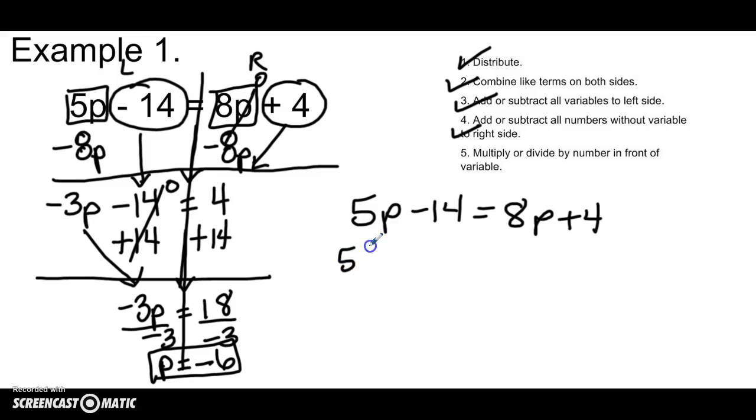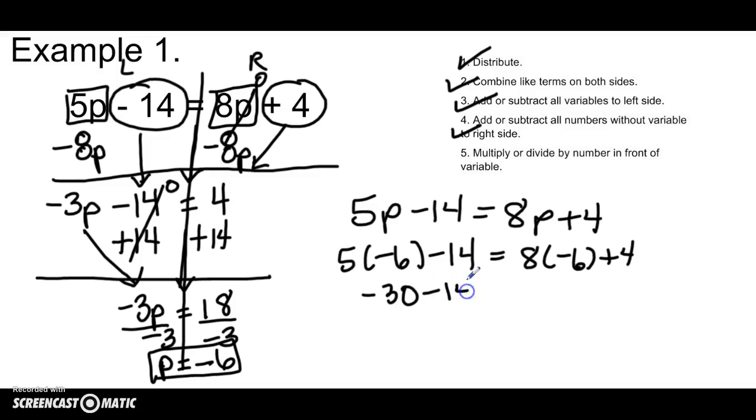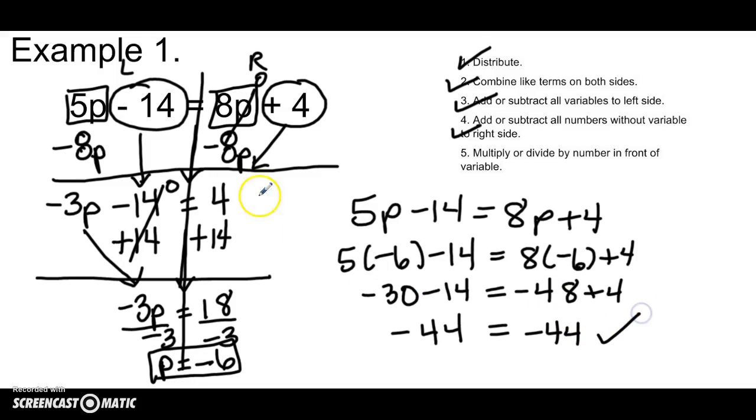Let's see. 5 times negative 6 minus 14 equals 8 times negative 6 plus 4. 5 times negative 6 is negative 30 minus 14 equals 8 times negative 6 is negative 48 plus 4. Negative 30 minus 14 is negative 44. And negative 48 plus 4 is negative 44. So this checks out.